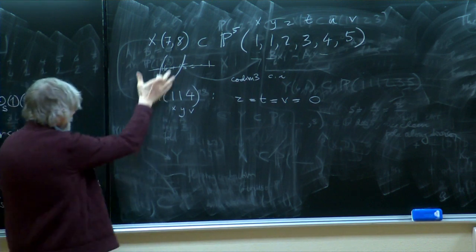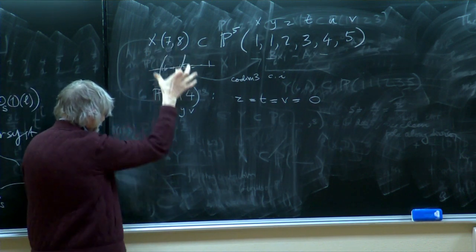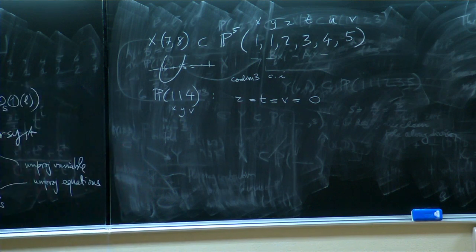So I have something that's a codimension 2 complete intersection that contains something which is a codimension 3 complete intersection.